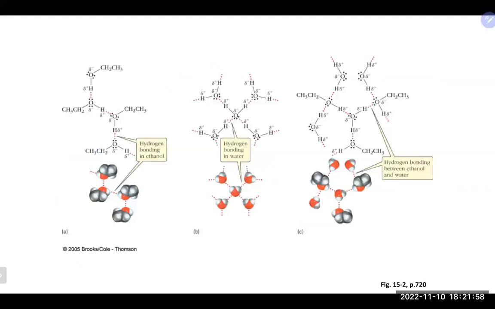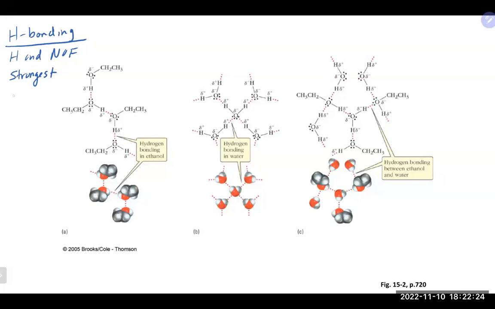So to summarize the different types of intermolecular forces, on one end, we do have hydrogen bonding, which is really a dipole-dipole interaction, but it is a bond between hydrogen and nitrogen, oxygen, or fluorine. It is the strongest of the intermolecular forces. So if you have something that can hydrogen bond, it's going to be your strongest force.